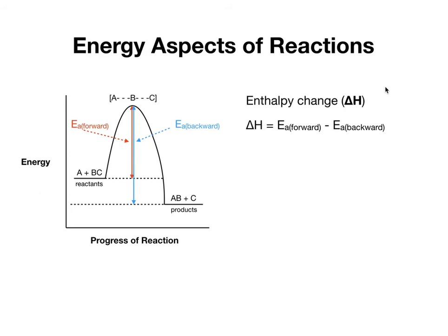Mathematically, the enthalpy change can be calculated if we take the activation energy for the forward reaction and subtract the activation energy for the backward or the reverse reaction. Okay. Now, that enthalpy change would be indicated right here. The amount of energy right here, this green arrow here indicates the enthalpy change.